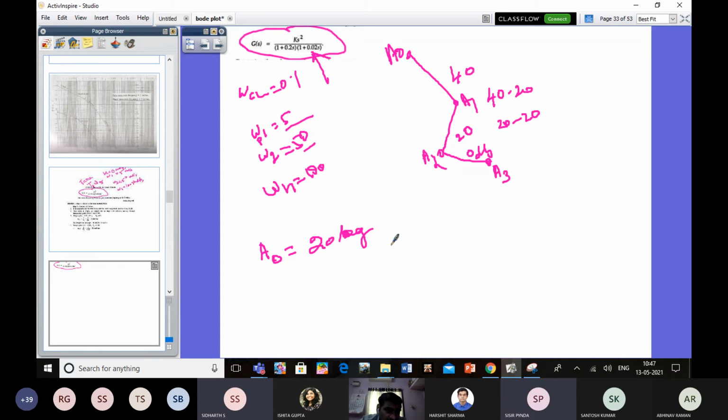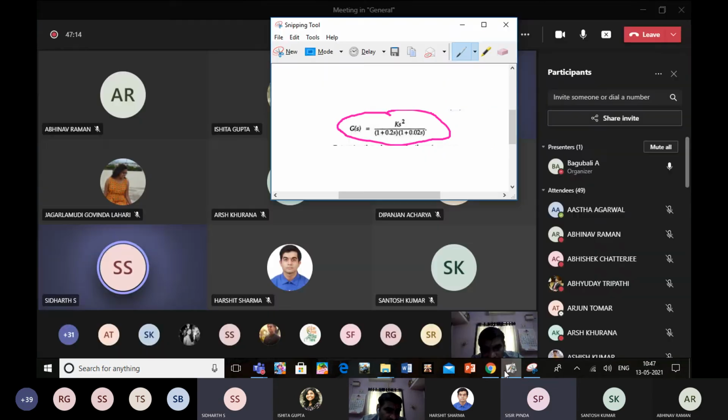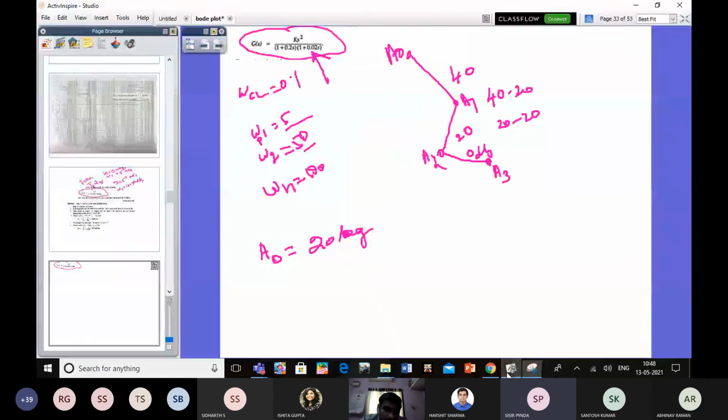So K by omega. Siddharth, listen, please. In the previous problem, we had S into K into 1 plus some value and into 1 plus some value. So there we had a pole lying in the origin. That's why we wrote 20 log of K by j omega. But here it is K into S square, 40 log of j omega.